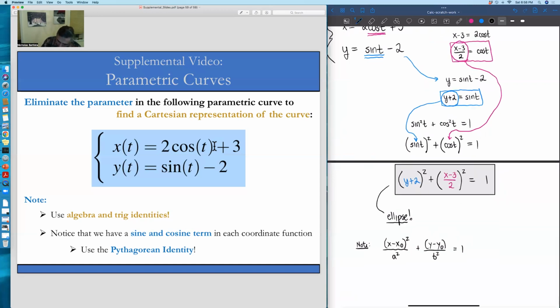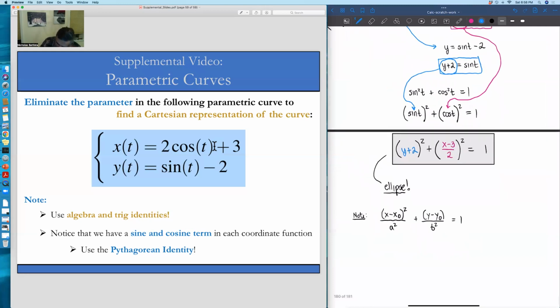So some facts about this type of ellipse. Number 1, this is centered at the point x0, y0. The second fact about this type of ellipse, it has a semi-major axis of a or b, and a semi-minor axis of either a or b.